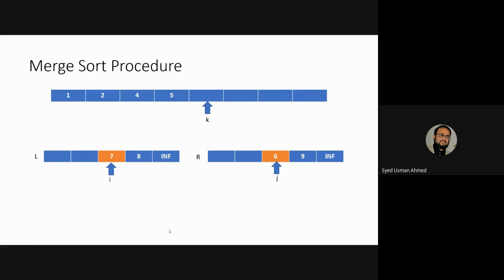Likewise, I will compare 6 and 7, and whichever is lesser, I will move it to the position of K and increment K and increment that particular array pointer, right? Now you can see that we have reached the last elements of both lists, 8 and 9, right? We compare 8 and 9, we find 8 is lesser, we move 8 to the position pointed by K and increment I and increment K.